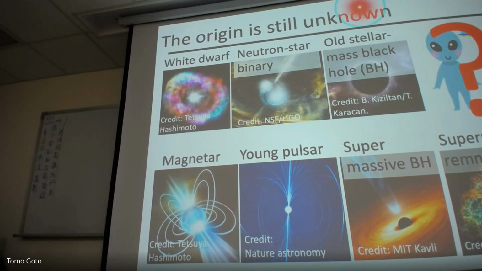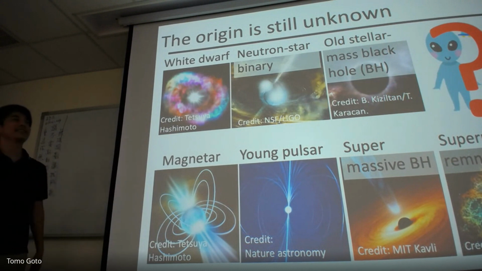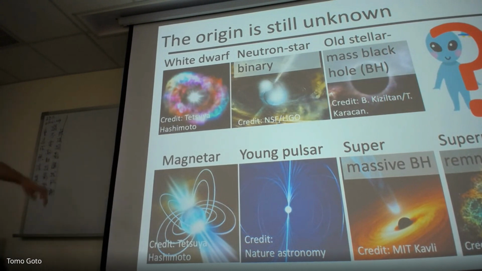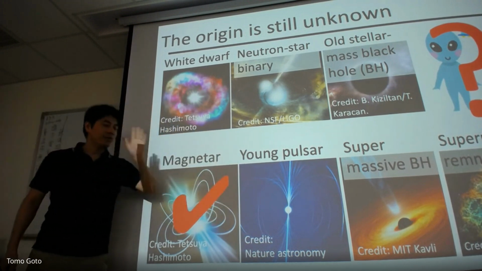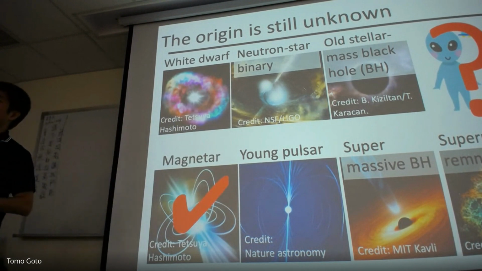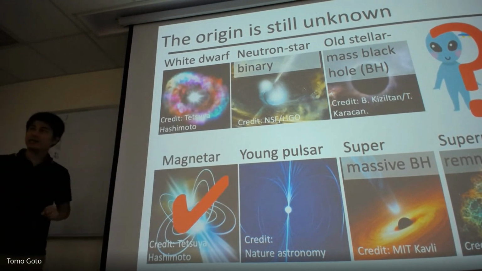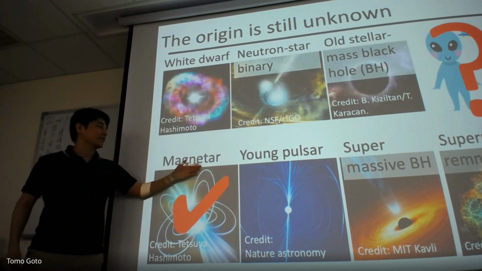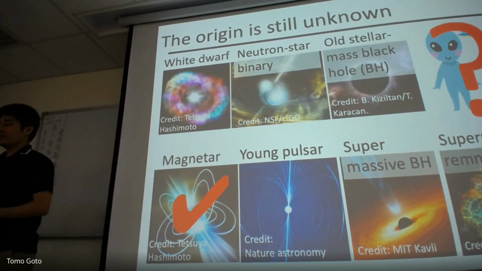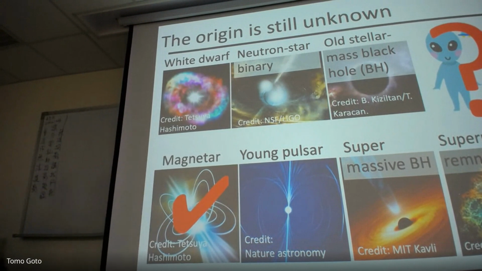But some people can propose an alien theory, and there is a paper about this. We don't know which is the case, and there's no confirmation, but most likely we expect that a magnetar is the source of this mysterious fast radio burst.